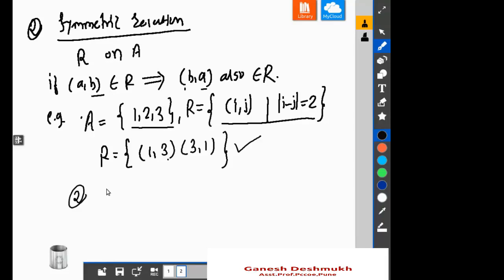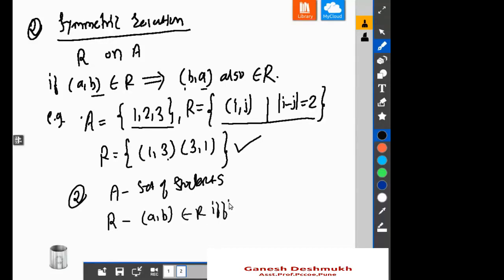Second example, if you have set A as set of students and relation R is defined as pair (A, B) which belongs to R if and only if A is in a class that B is in.